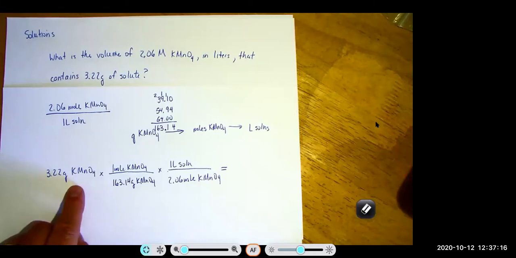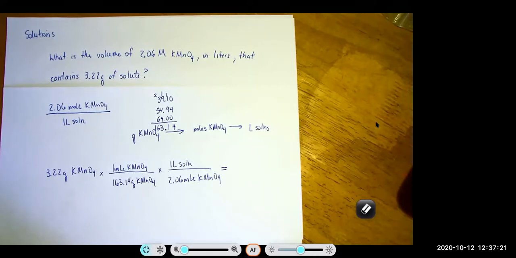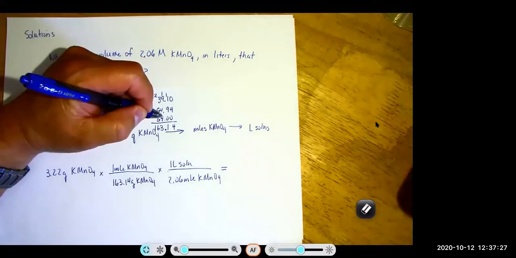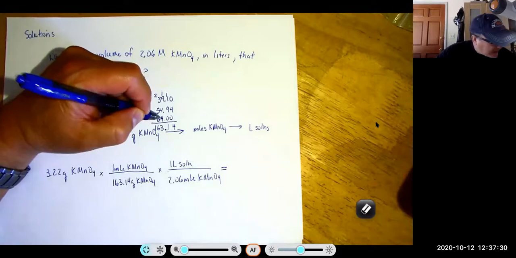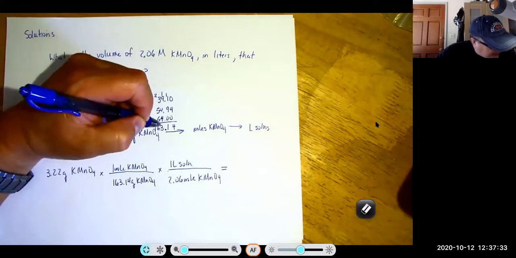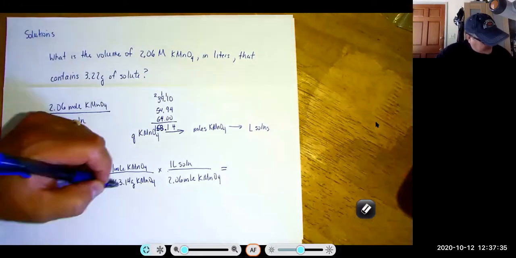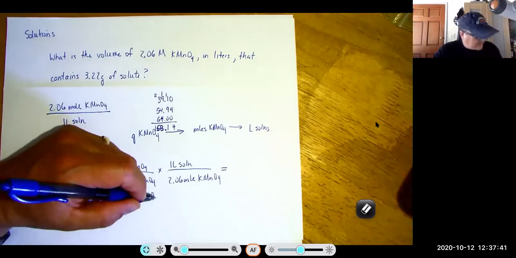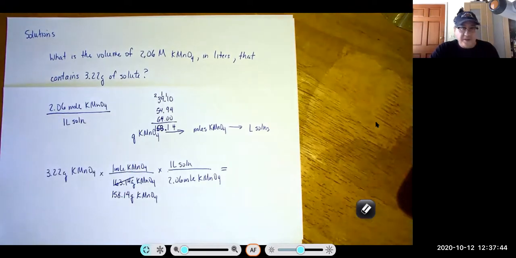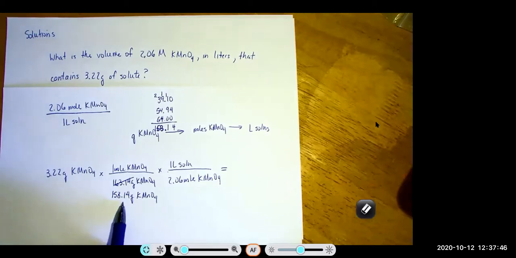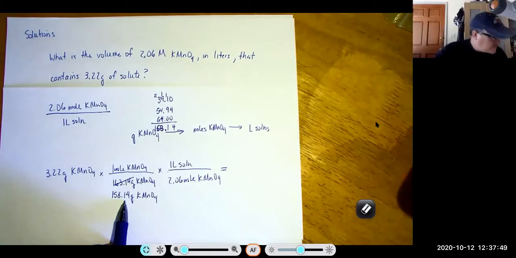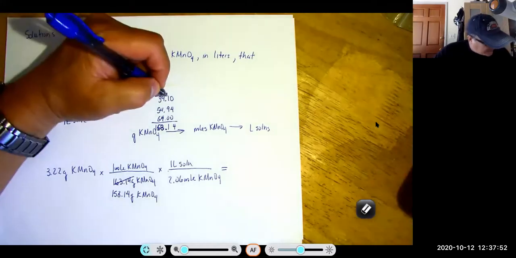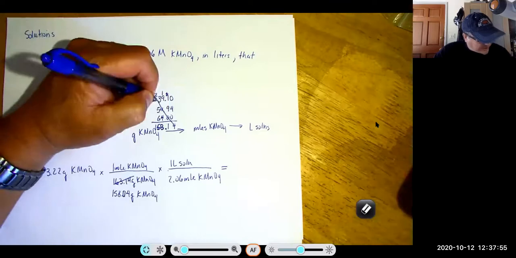Wait, for the molar mass, I got 158.04. Oh, I thought this was a 9. Thank you. This is a 4. I thought it was a 9, so we should get an 8 here, and it's 158. Does that look good now? I think it's 158.04. Yeah. Oh, that's right. I don't carry a 1. So my addition is sucking.